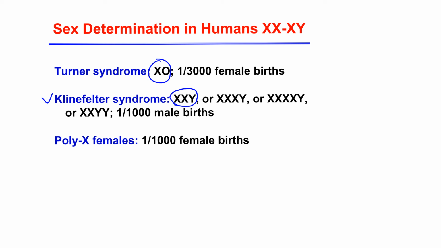A little bit different are further non-disjunctions when there are three or even more X chromosomes. If there is this overdosage of X chromosomes, basically it reflects in the intelligence. Another possibility which you can have as a result of non-disjunction are poly-X females.